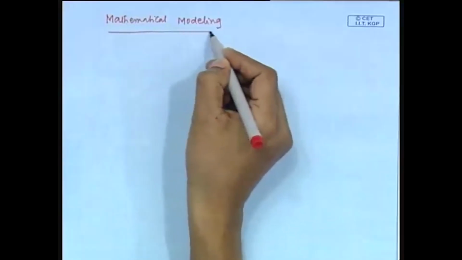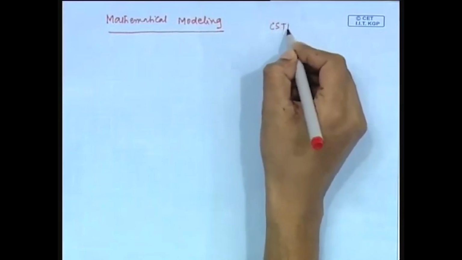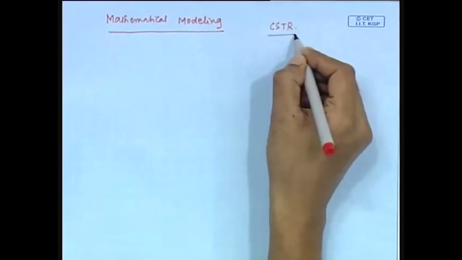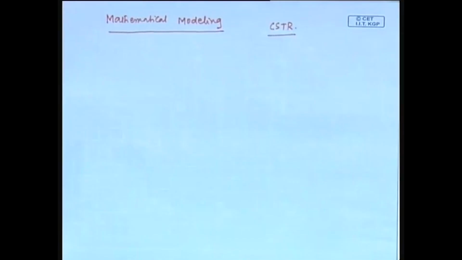In the last class, we have discussed the state variables and state equations, and in this class we will develop the mathematical model first for a CSTR, continuously stirred tank reactor. So, we will take the CSTR example and we will derive the mathematical model.